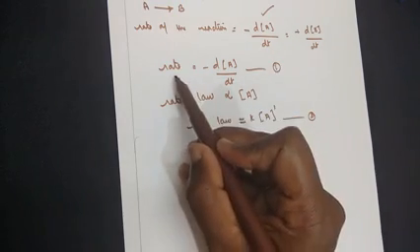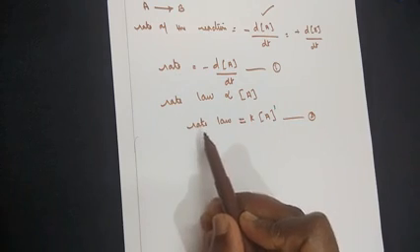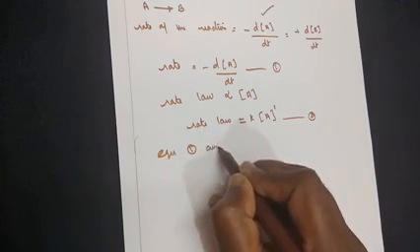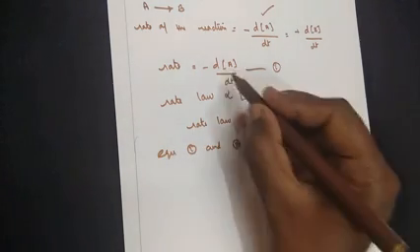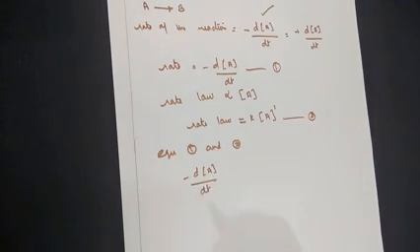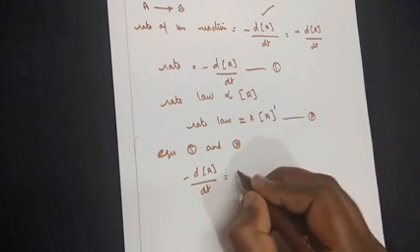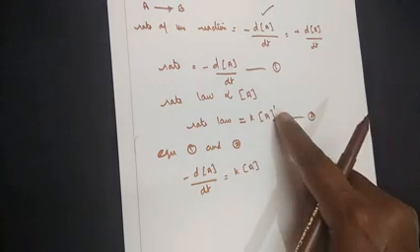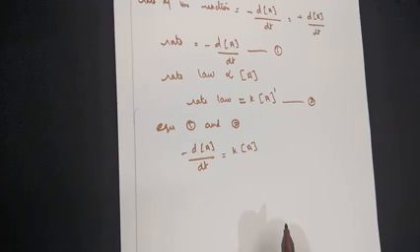Equation 1 is in terms of rate of the reaction. Equation 2 is in terms of the rate law. So equating equation 1 and 2, minus d of A by dt is equal to K into concentration of A. Let's not write 1 because we understand 1 to be existing.